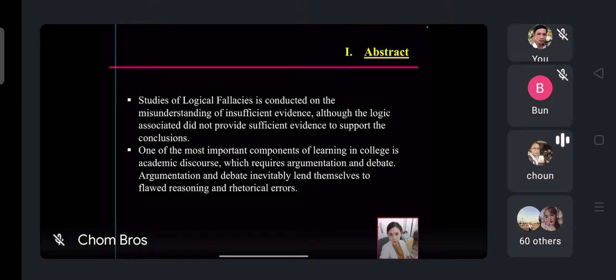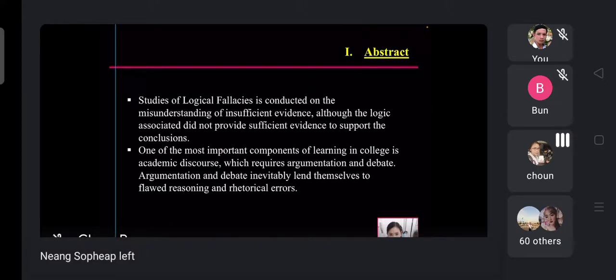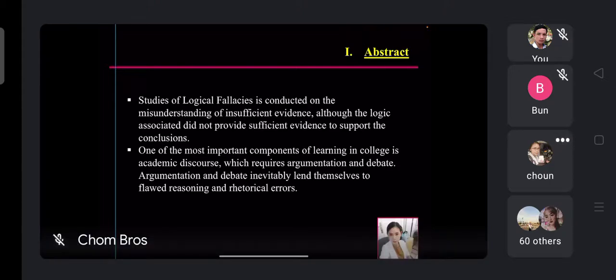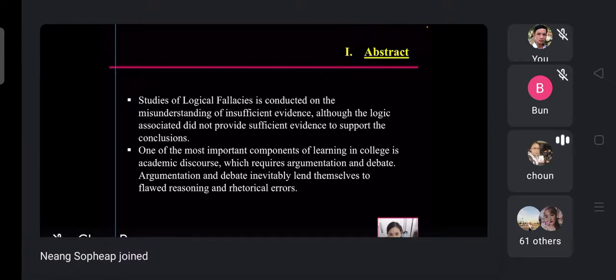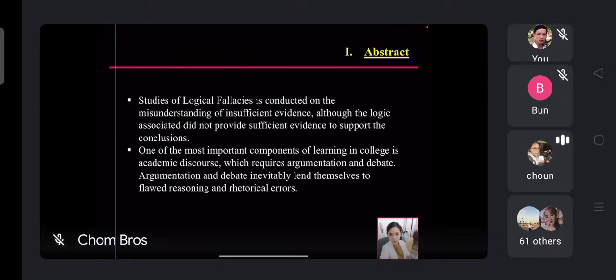This is the abstract. As I mentioned, in the previous chapter we looked at fallacies of relevance, mistakes in reasoning that occur when the premises are logically irrelevant to the truth of the conclusion.